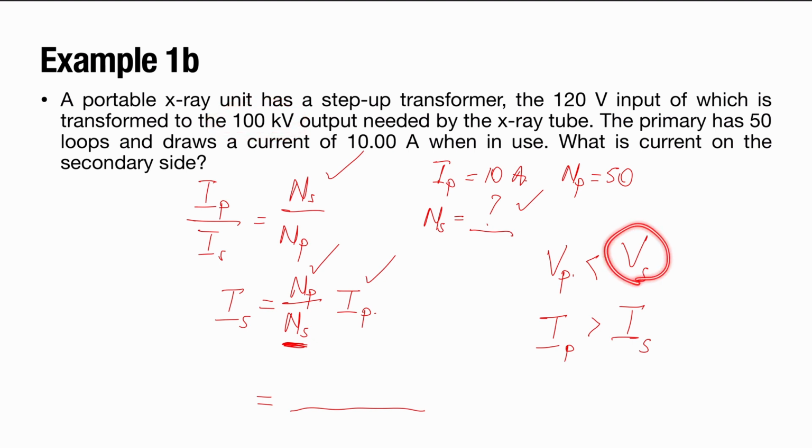That's why the secondary side has a larger voltage than the primary. The cost of doing so is that the current on the secondary side is much less than the current on the primary side. So we didn't really gain energy out of nowhere. We just traded off.